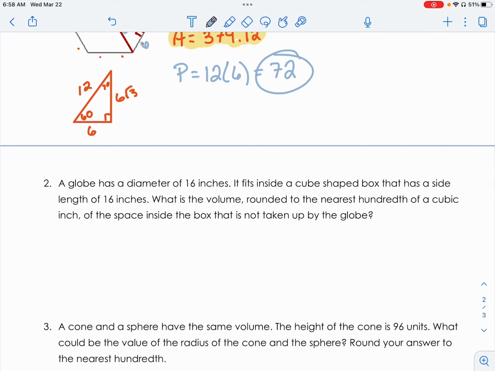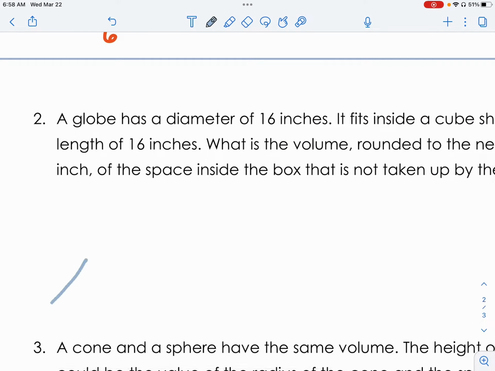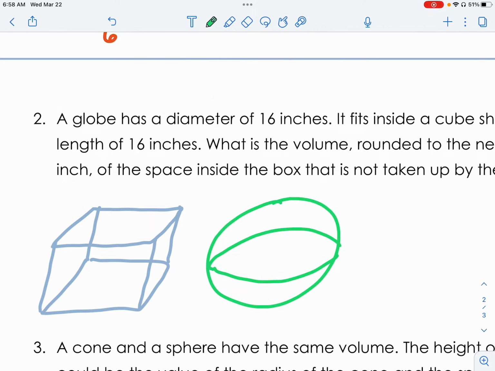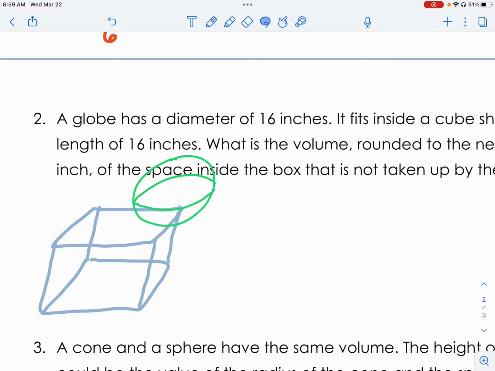Okay, the globe and cube problem. We did one like this yesterday. I'll go ahead and still draw another picture for you. So we have this cube here, and then we have a globe or some type of ball-shaped object, and we want to take this and put it inside of the cube.